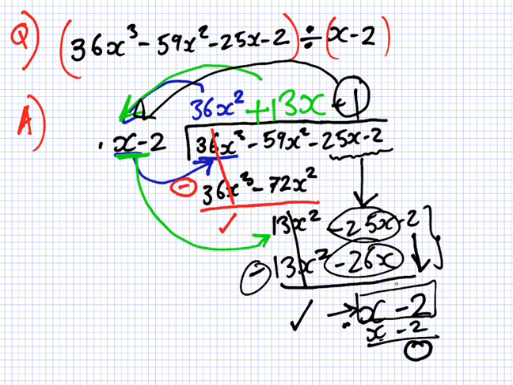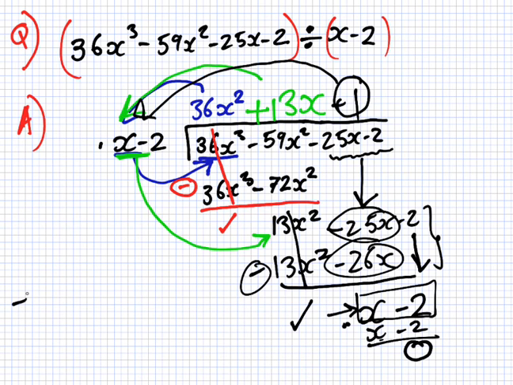I'll do another example. Can I go down to another example? Just a minute. Yes, Amanda, minus 59x squared, yep. It's minus 72x, so maybe it's minus 179.